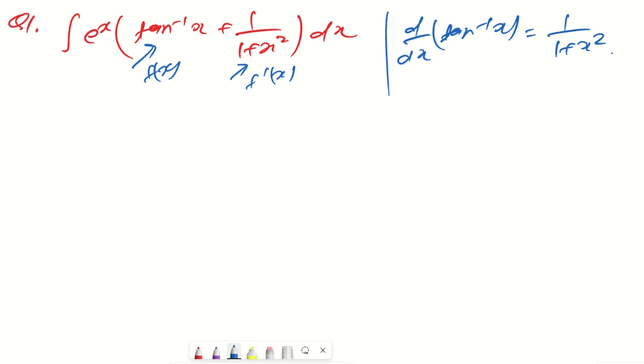So by following this concept, we can write the integral directly as e to the power x f of x, that is e to the power x tan inverse x plus some constant c. This is so simple. Let us take another question.